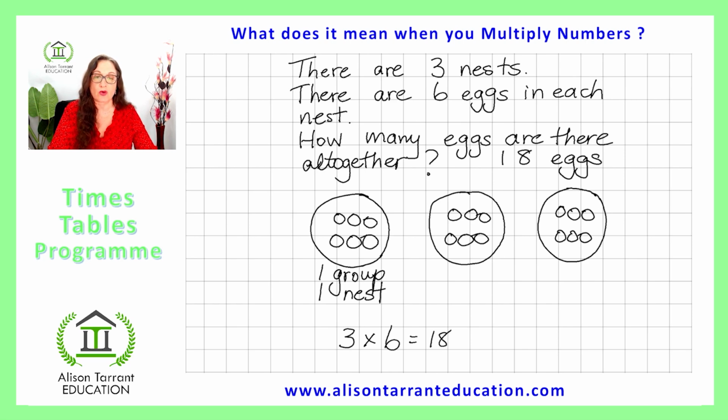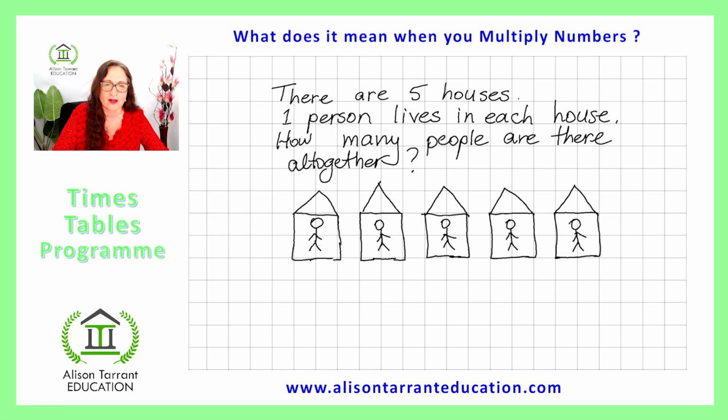Now let's do another word problem. So here is our next word problem to show you what it means when we're actually multiplying the numbers. There are 5 houses. 1 person lives in each house. How many people are there altogether?